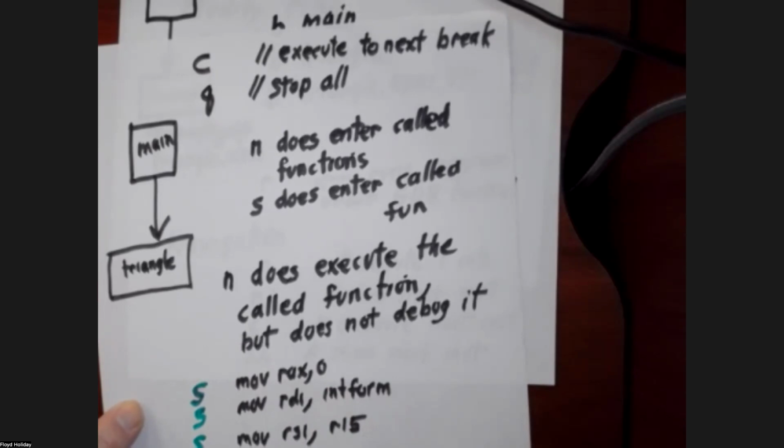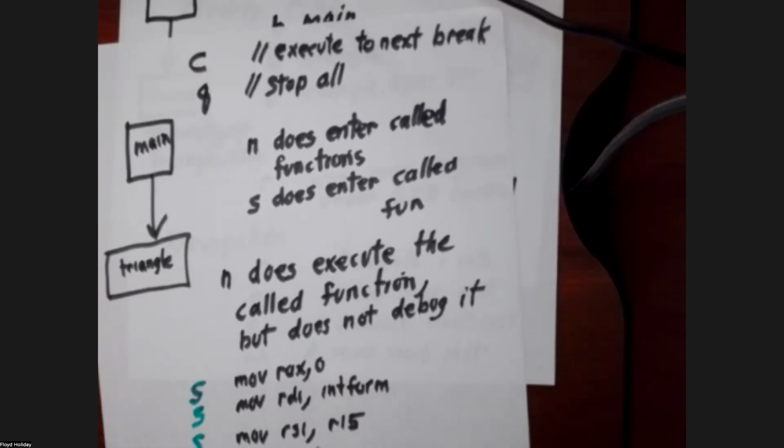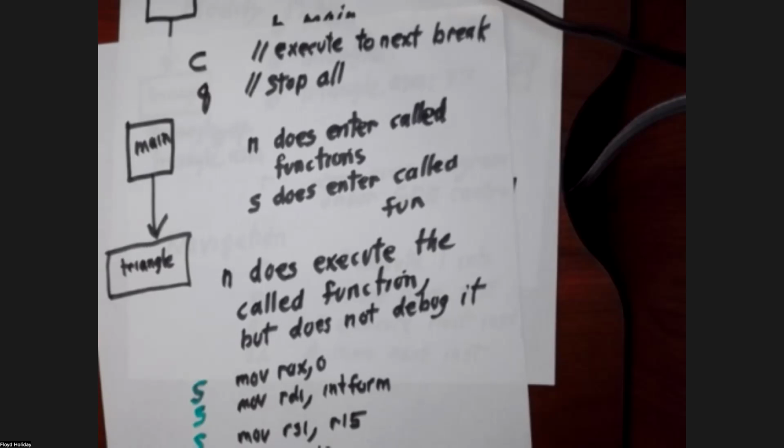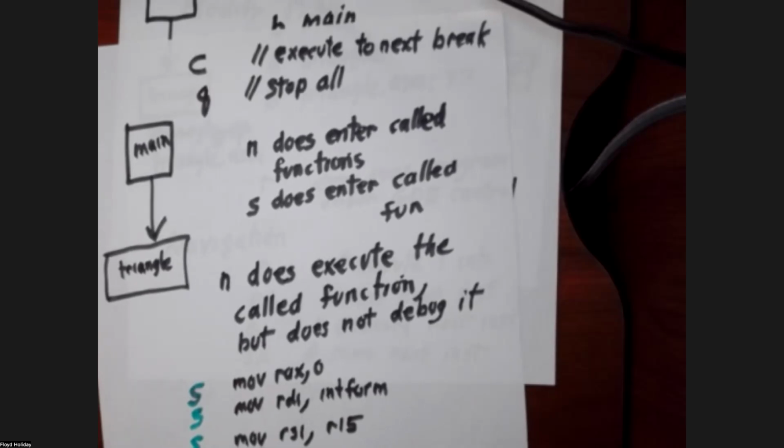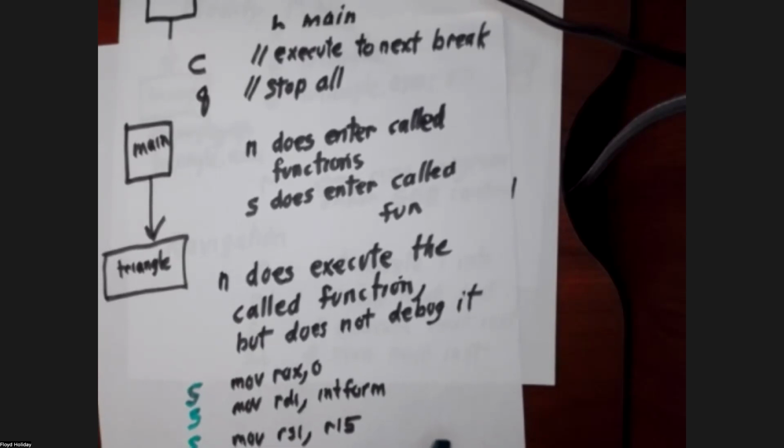You press S here, it's going to walk inside the code of printf, which is one of the worst jungles I've ever seen. I've not found a way to get out of it, in fact. So this is a warning. It doesn't damage anything, but the only way I could get out of the internals of printf was to quit the program and restart it.